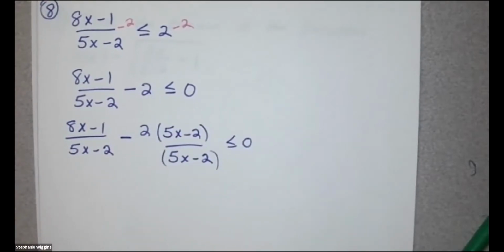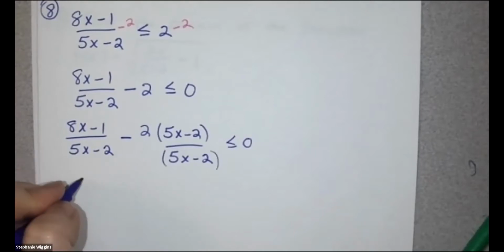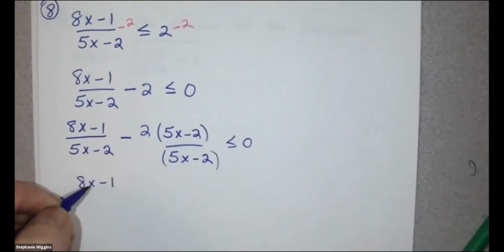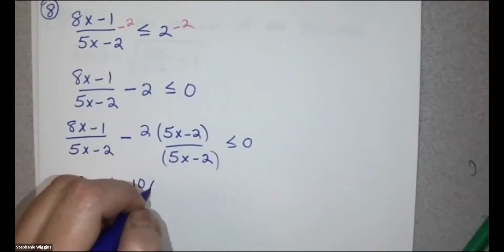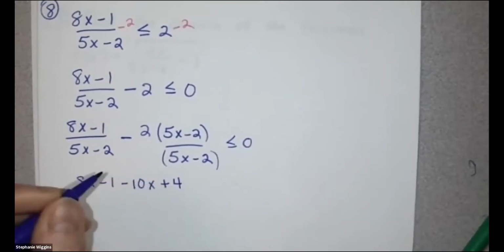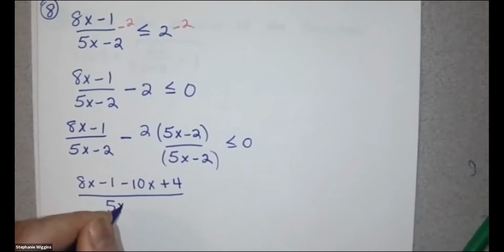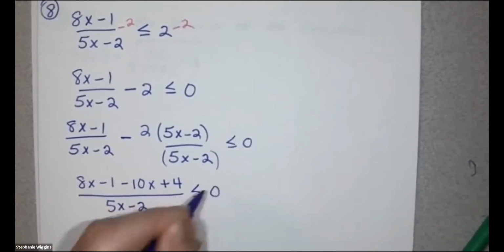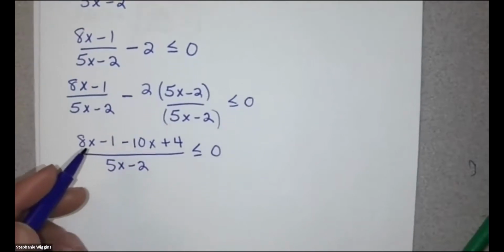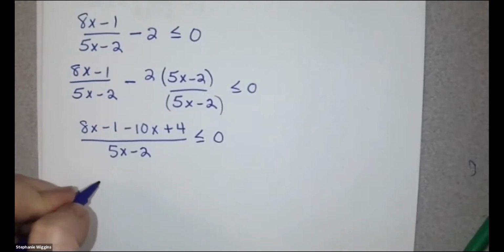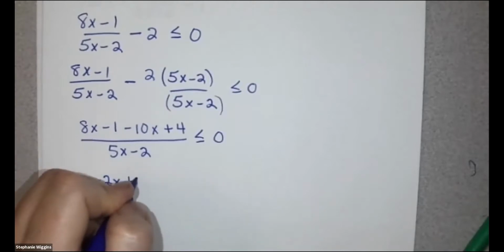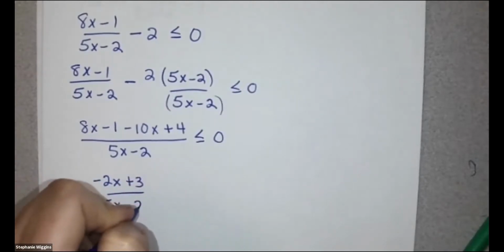And so when I combine them, I get negative 2 times 5x is negative 10x, and negative 2 times negative 2 is positive 4, and that's all going to be over 5x minus 2. We want to know, when is that less than or equal to 0? And then to simplify the numerator, I get negative 2x plus 3 over 5x minus 2.